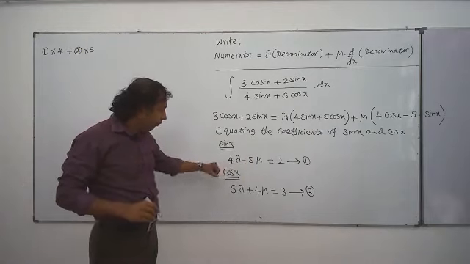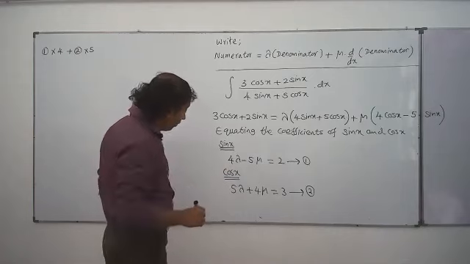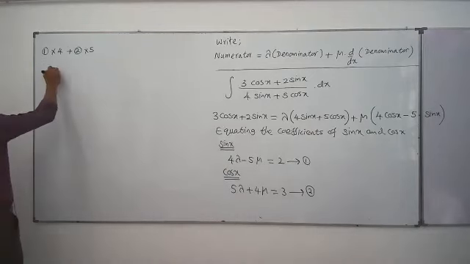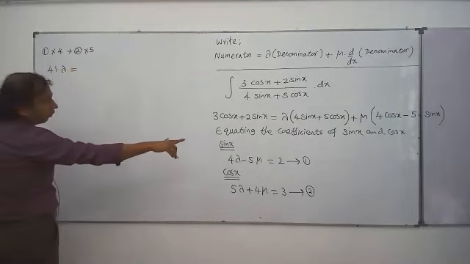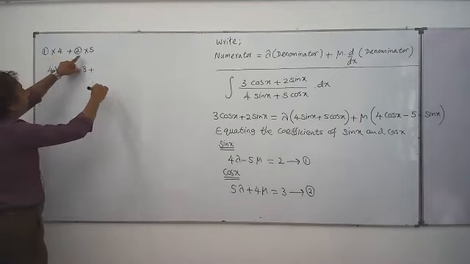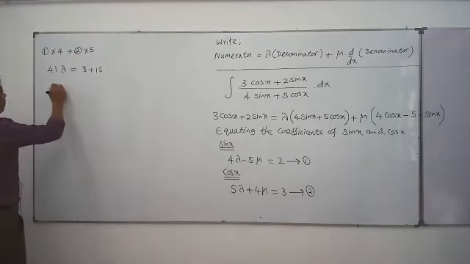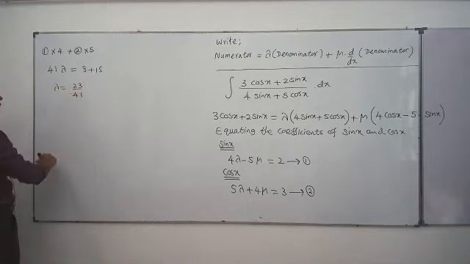Then here 16 and here 25, and 25 plus 16 means 41 lambda. The right hand side of number 1, when multiplied by 4, gives 8, and number 2 gives 15, so 23. Then lambda comes as 23 divided by 41.